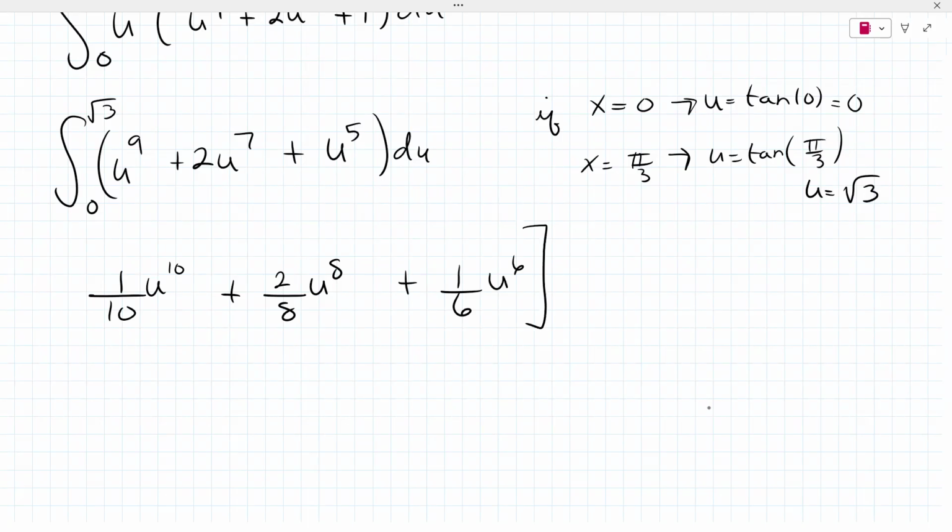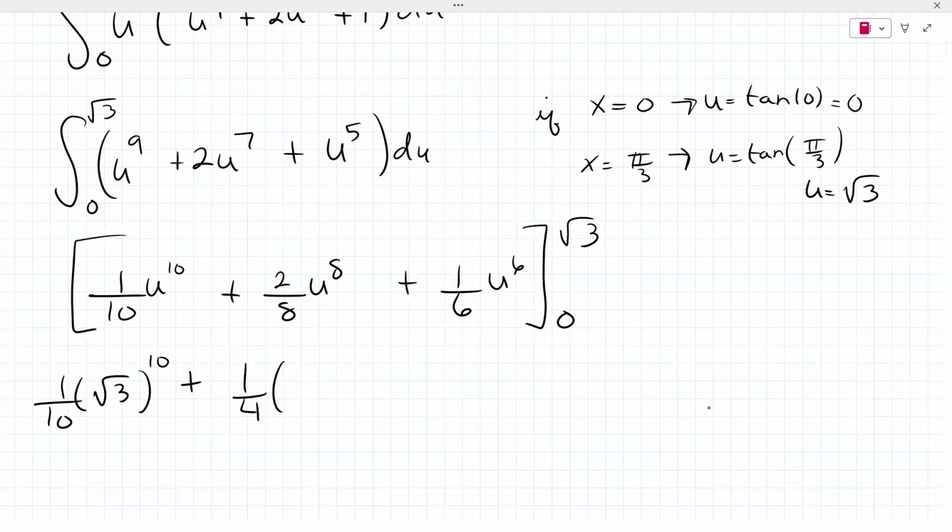And we are going from our new boundaries 0 to radical 3. So if you put that in, it's going to be 1/10 radical 3 raised to the 10. 2/8 can be reduced to 1/4. And that's going to be radical 3 to the 8th plus 1/6.